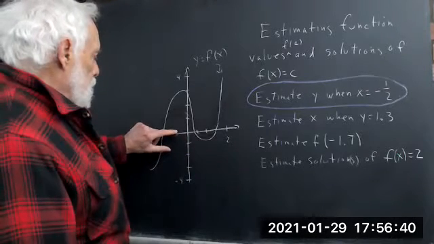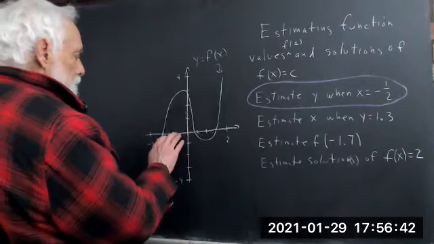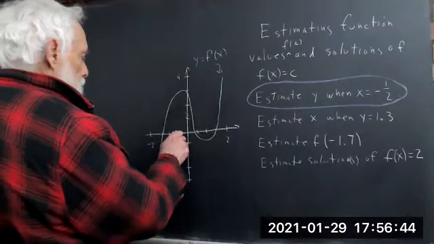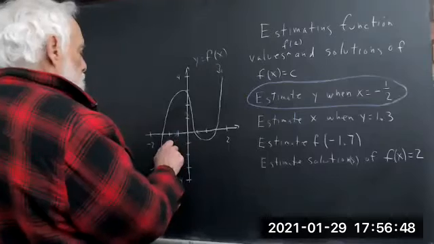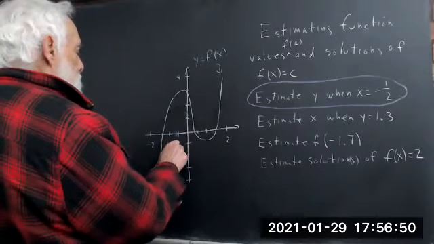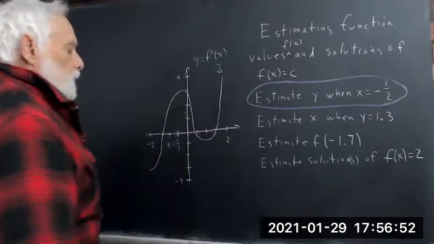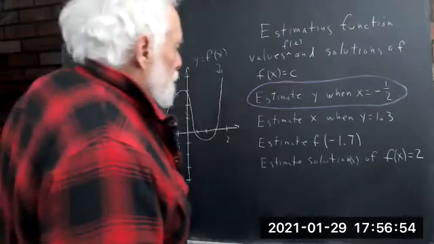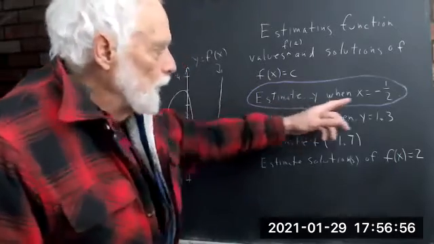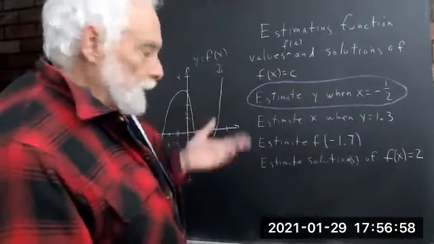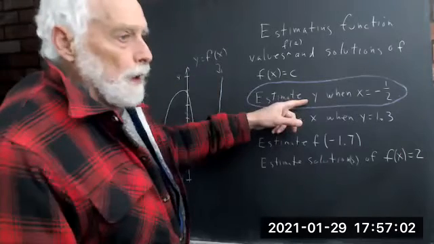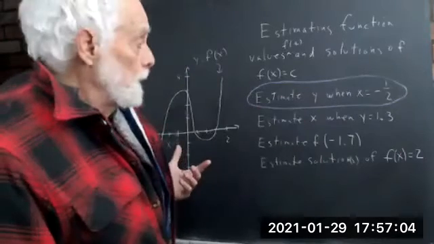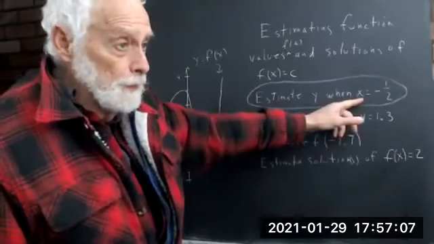I didn't do a very good job of marking -1/2 there, but okay, so here's where x equals -1/2. What we mean by estimate y when x equals -1/2 is basically estimate the y coordinate of the point on the graph that has x coordinate -1/2.